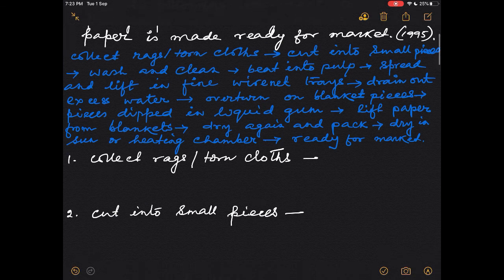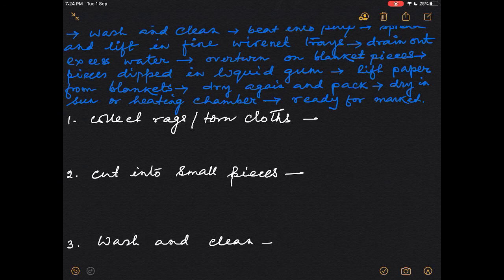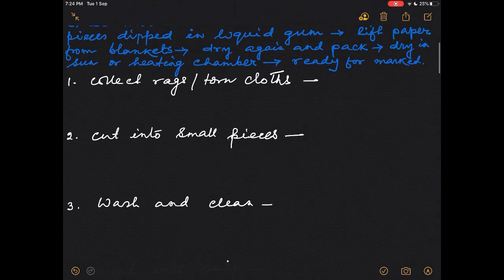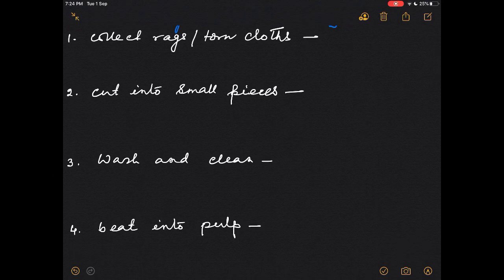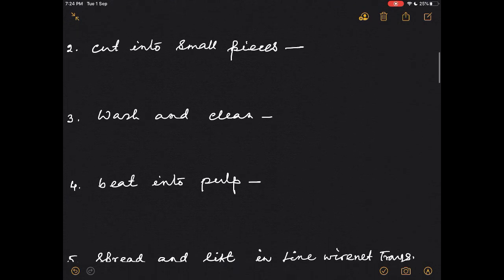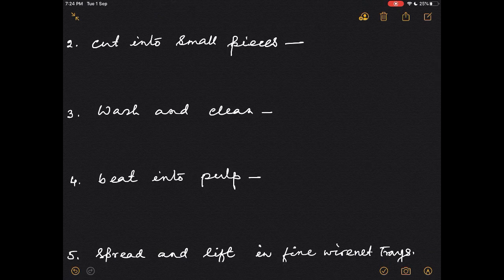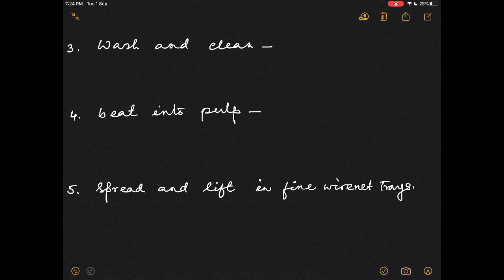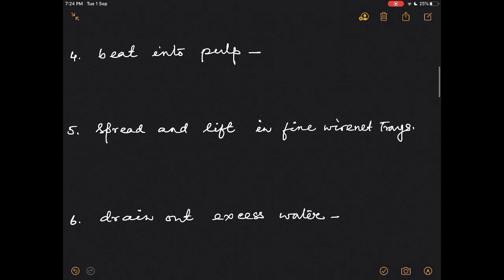See, this way. Number 1, collect rags or torn cloths. Number 2, cut into small pieces. Write them in your notebooks. Number 3, wash and clean. Number 4, beat into pulp. Number 5, spread and lift in fine wire net trays. Number 6, drain out excess water.